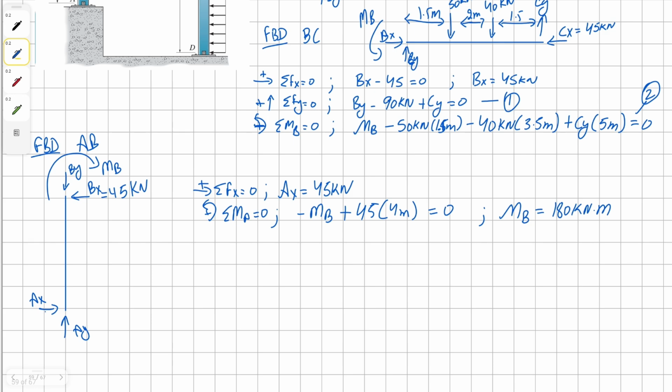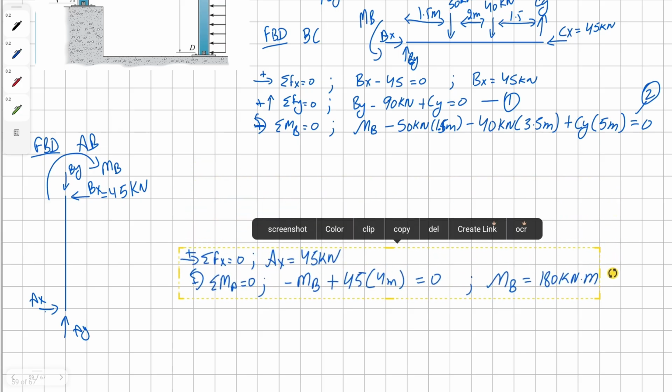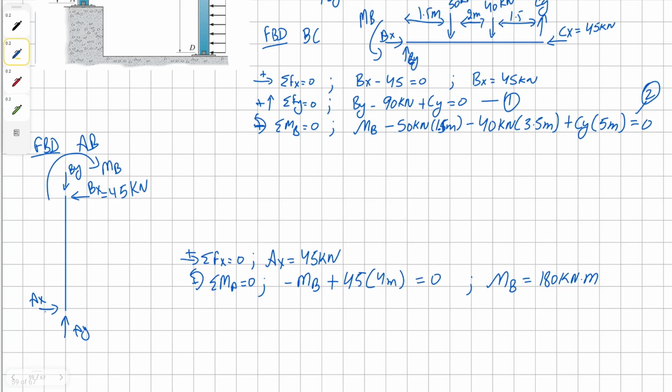And now we can plug the value of the moment B in our equation 2. So we're going to have 180 kilonewton meter and solve for Cy. And solving for Cy, we get our solution as 7 kilonewton.